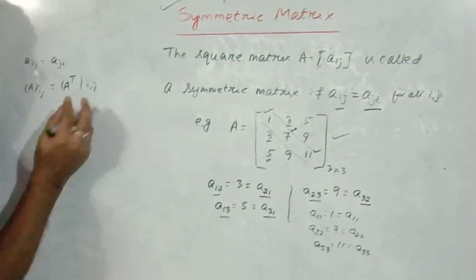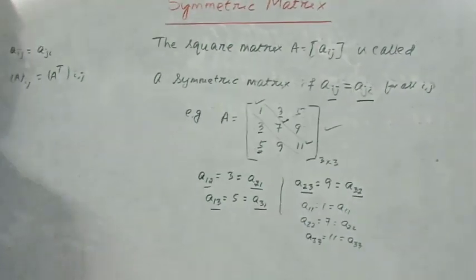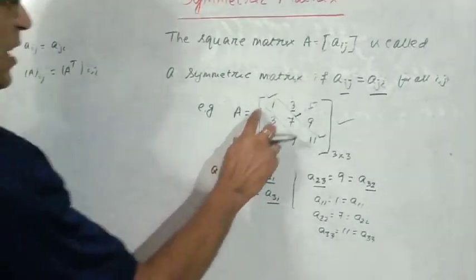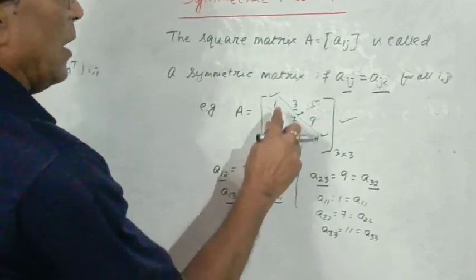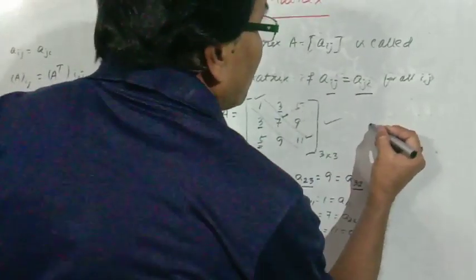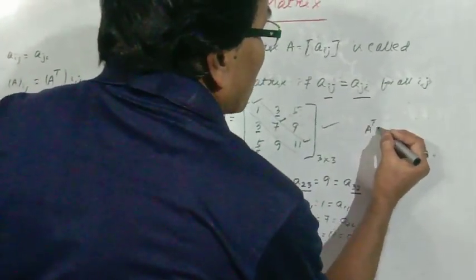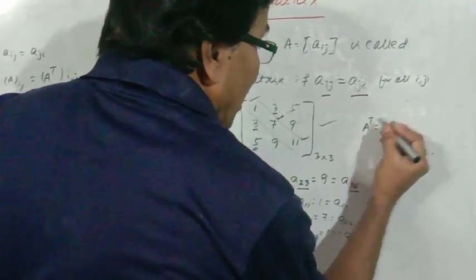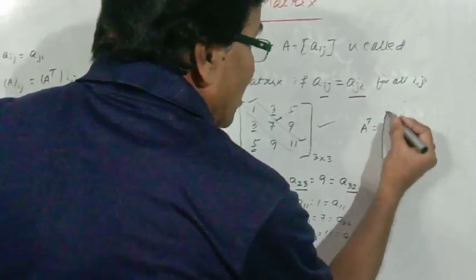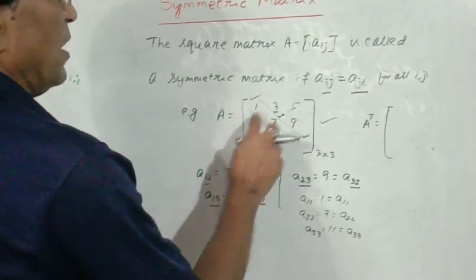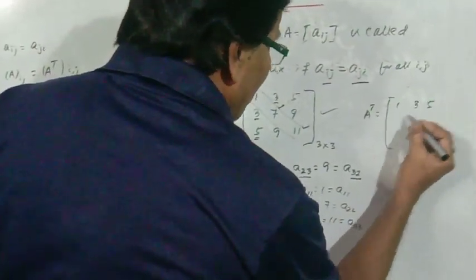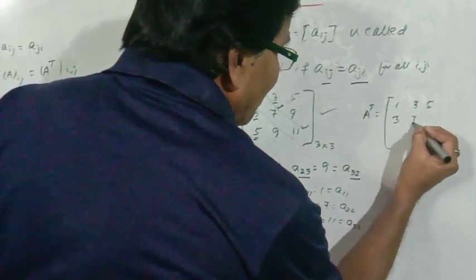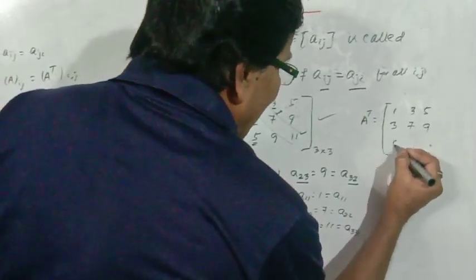If you find A transpose, it will be the same thing, because if you interchange the rows into columns, you will get the same: 1, 3, 5, 3, 7, 9 and 5, 9, 11.